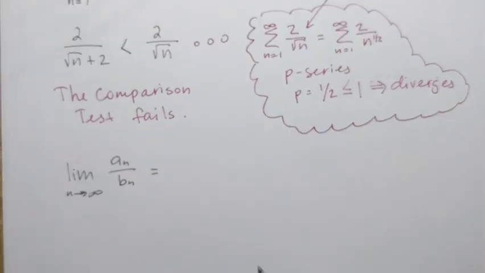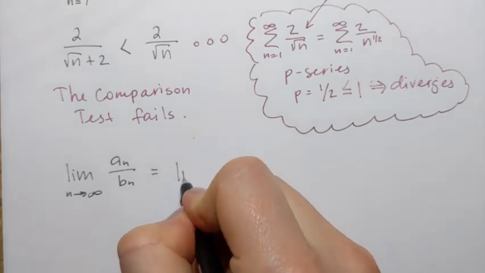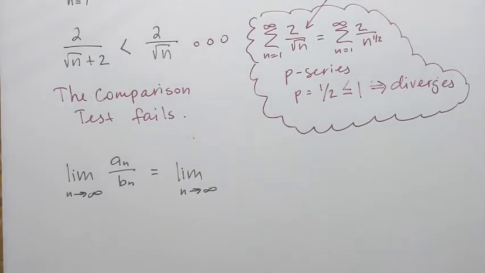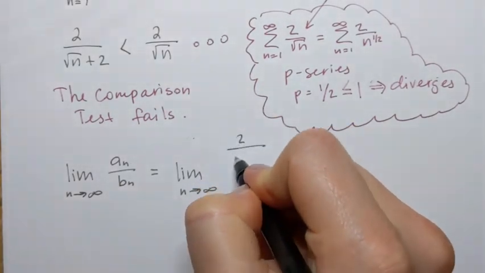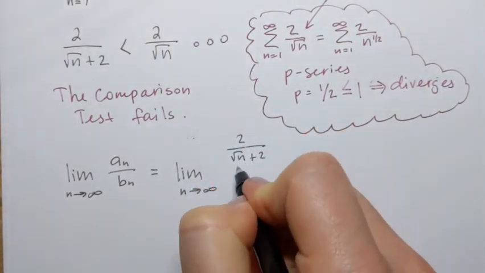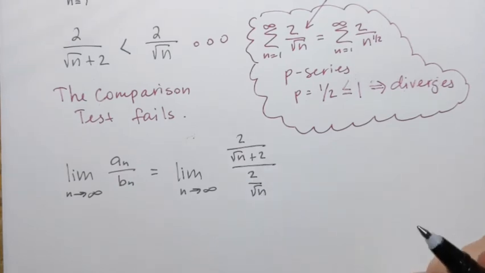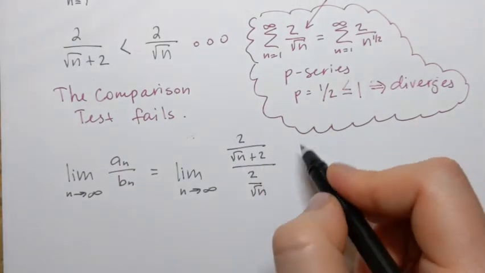So that means that it's going to be, as n approaches infinity, a sub n, 2 over square root of n plus 2, over b sub n, 2 over square root of n. Well, this is a complex fraction.